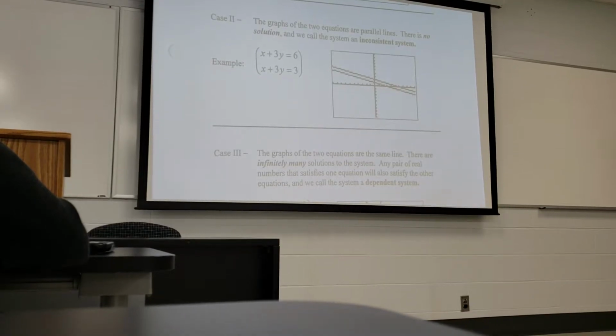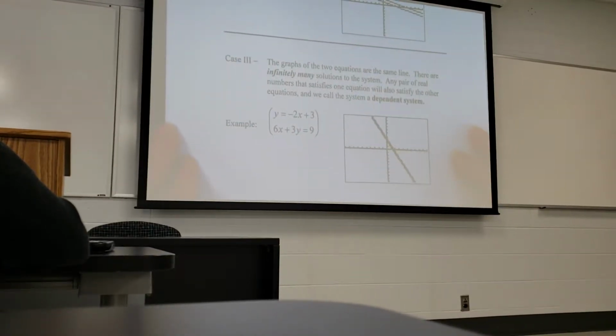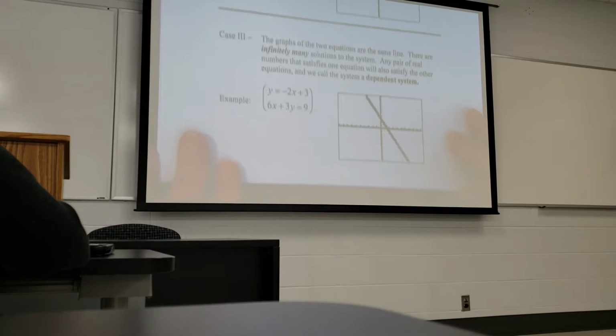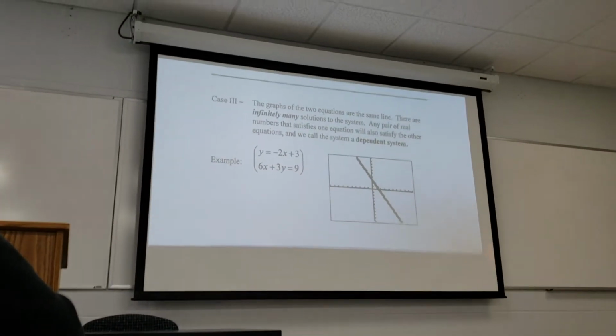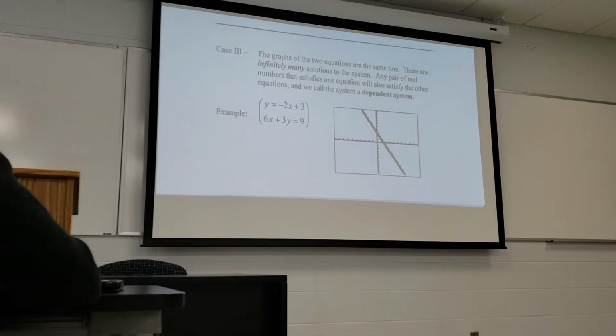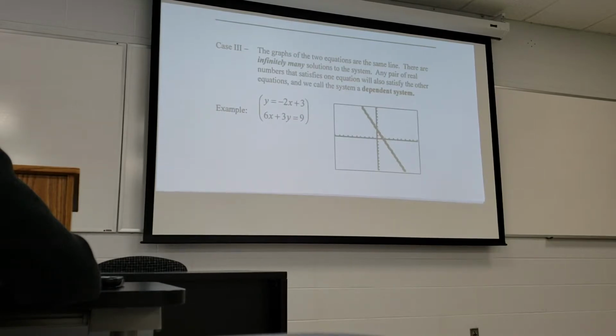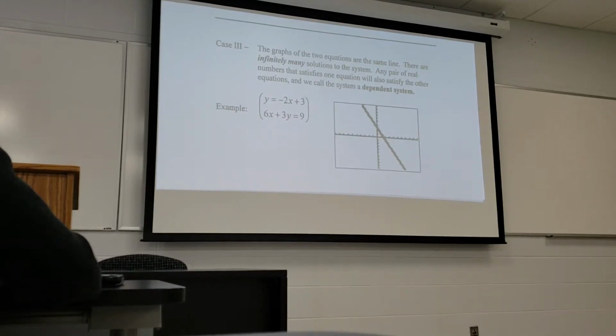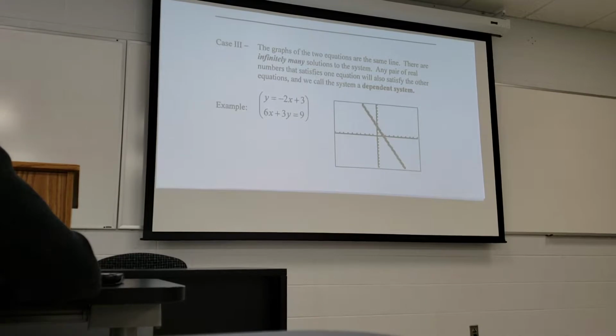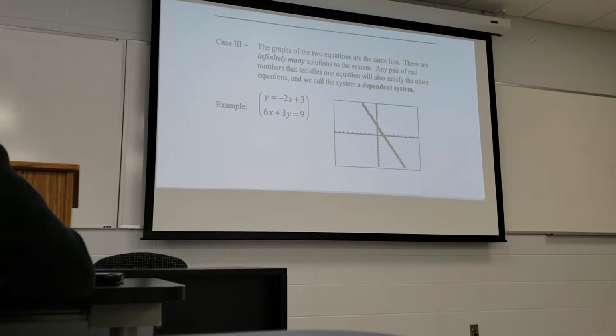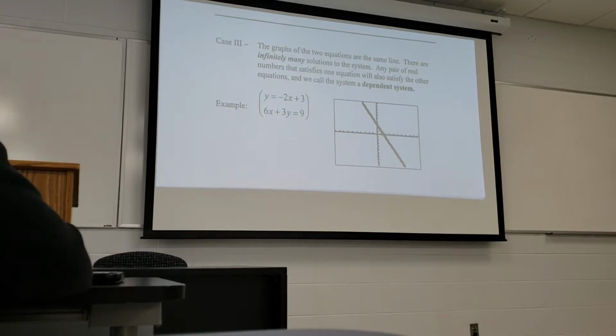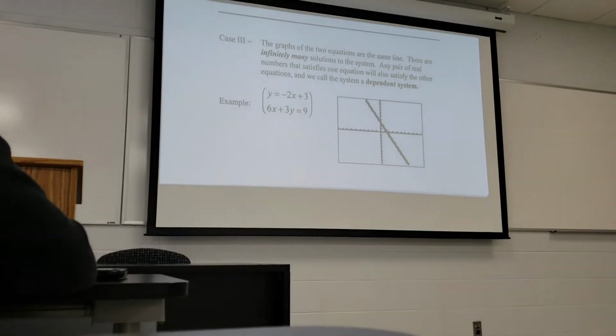And the last one, which you will not like, is a line on top of a line. There's infinitely many solutions, because if the solution fits one, it's going to fit the other, because they're really the same line.